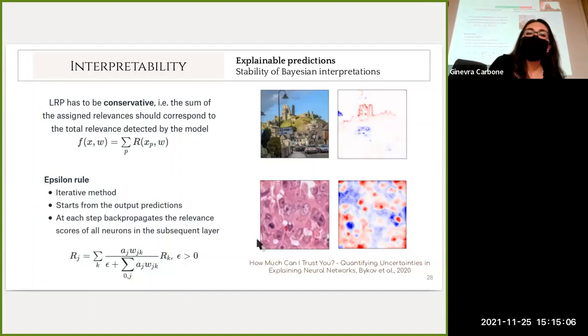So it is an iterative method that starts from the output predictions. So in the graphical representation of a neural network, it is the last layer, the one before computing the softmax prediction. And at each step, it backpropagates the relevance scores in all of the previous layers. So each time we are starting from the softmax, computing the relevance score for all the feature representations in that layer and going backwards toward the input.